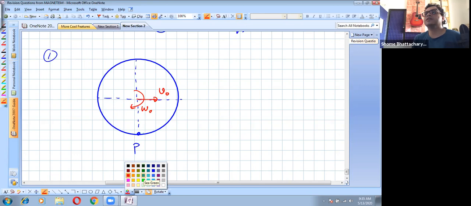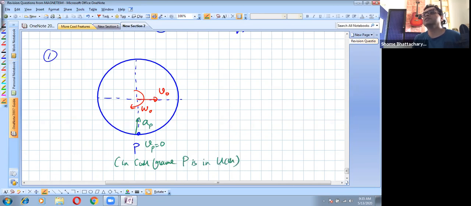Its velocity is 0, but what about the acceleration? The acceleration is like this. Why? Because in the center of mass frame, the particle P is in uniform circular motion. With respect to the center of mass, it has a negative tangential velocity along this direction and is doing circular motion with omega. So it has an acceleration vector pointed at the center.